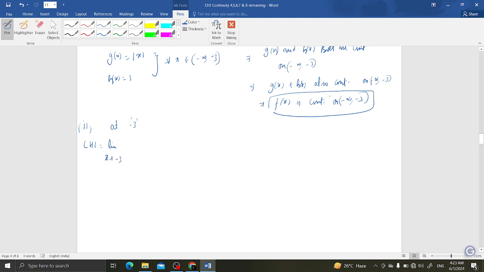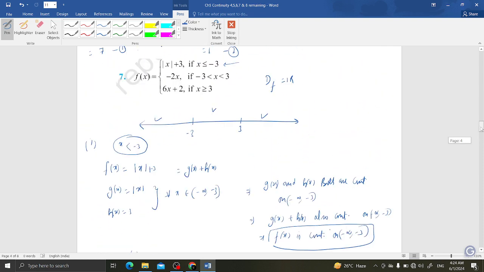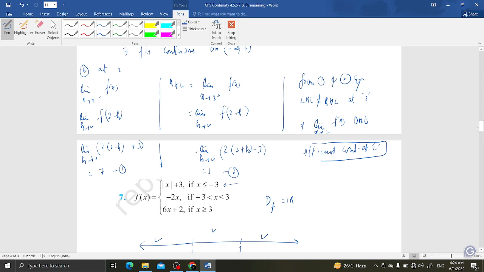LHL: limit x tends to minus 3 negative f(x), we have limit h tends to 0 f(minus 3 minus h). What will the function define? The left part, that is mod x plus 3.